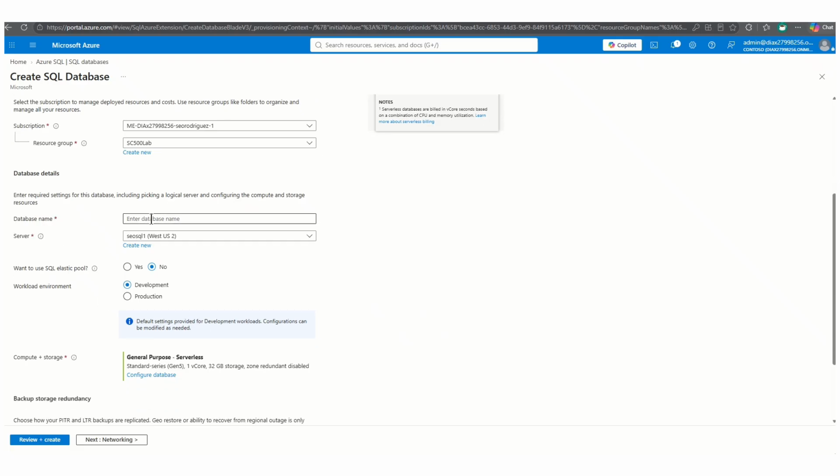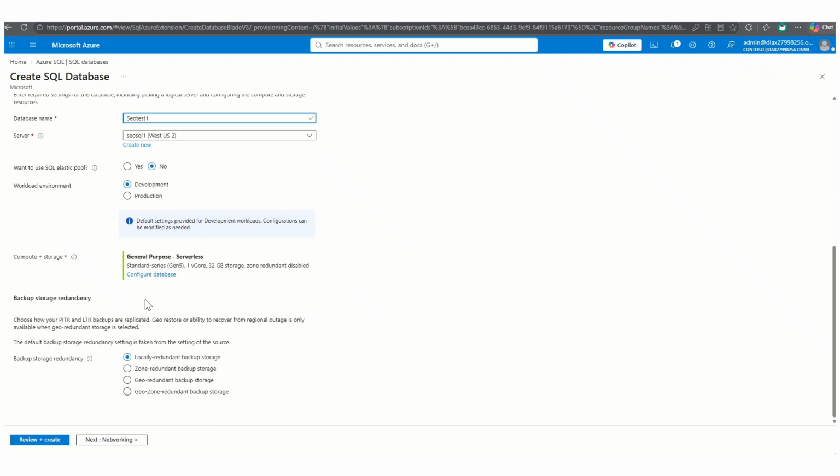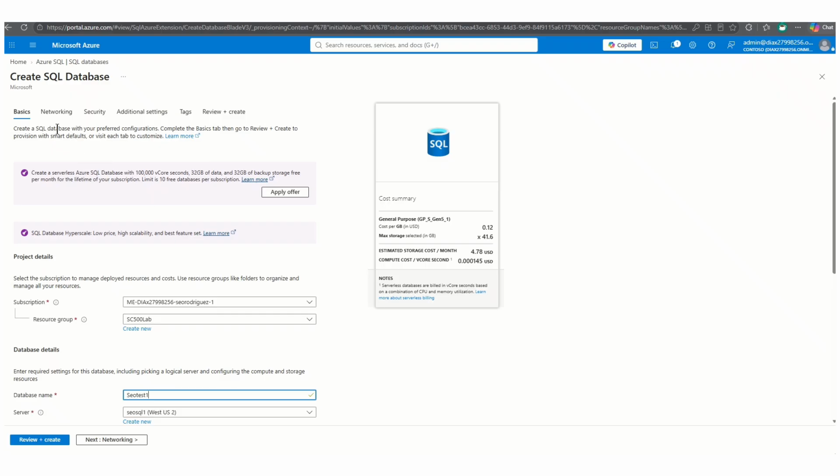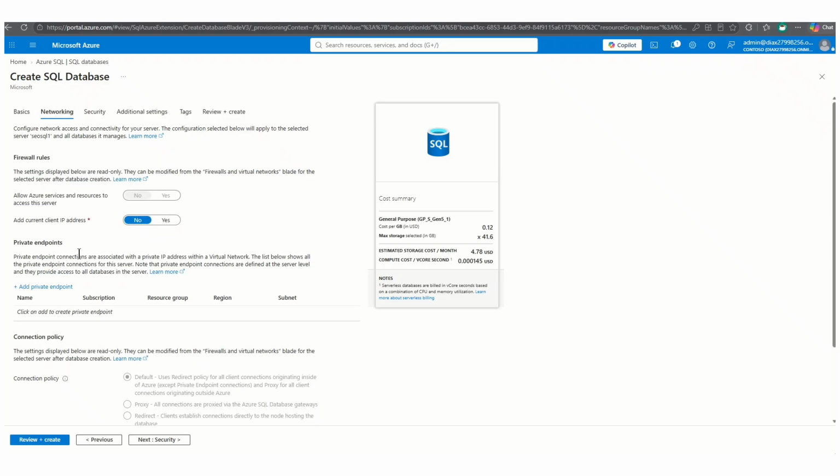So the database name, and whether you want to use an elastic pool, and so on. We're just going to concentrate on the typical stuff, regions, but in terms of networking, we want to look at allow Azure services and resources to access this server. This is important over here, right?